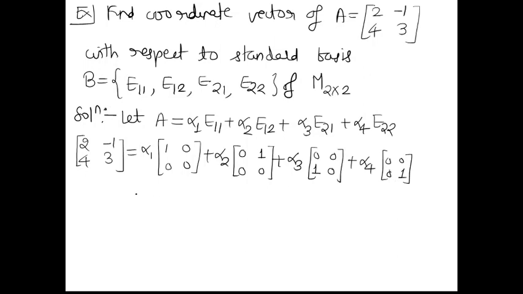Now simplify. Multiply with the element in each position and then add them, right? So what you will get here is alpha 1. Similarly, repeat for the rest of the cases.